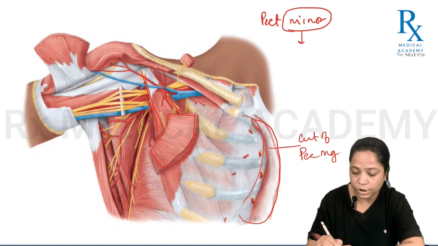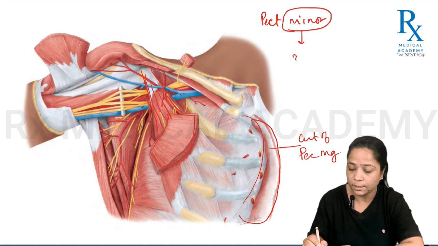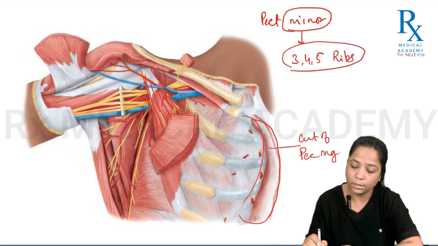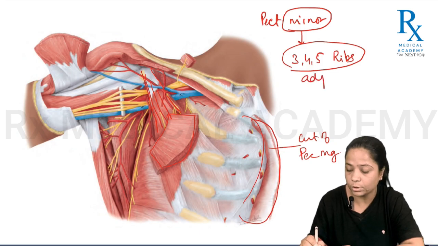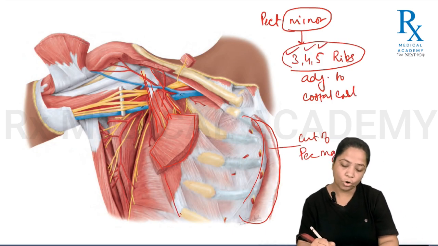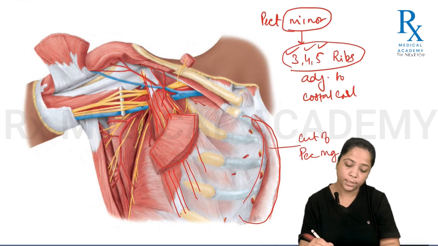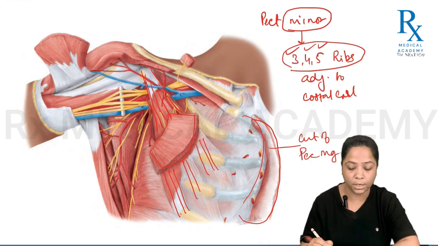So the origin of this pectoralis minor muscle is the third, fourth, fifth ribs. It originates from the third, fourth, fifth rib adjacent to the costal cartilage. So adjacent to the costal cartilage of the third, fourth and fifth rib, there is origin of a small muscle that is known as pectoralis minor muscle.